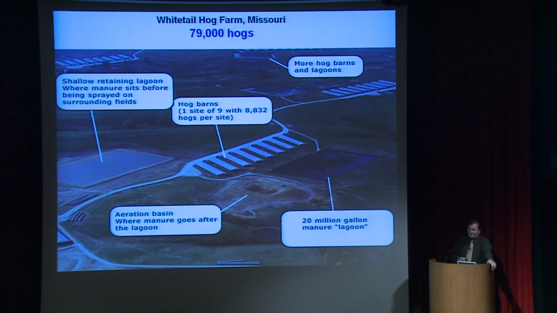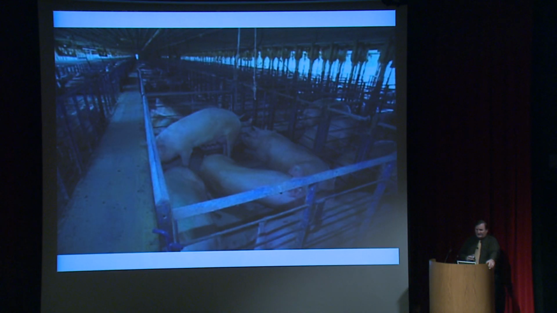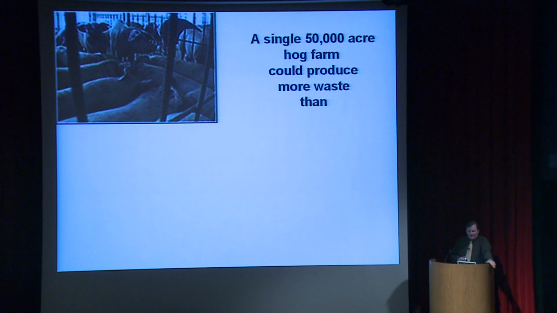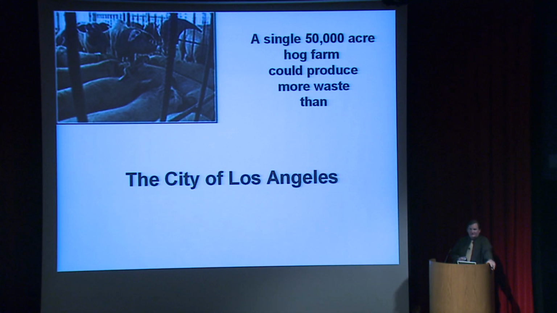And there's great concern about what that waste does for global warming, as I mentioned earlier, and for groundwater, et cetera. You generate huge amounts of waste when you have animals in these kind of conditions. So a single 50,000 acre hog farm can produce more waste than the entire city of Los Angeles.